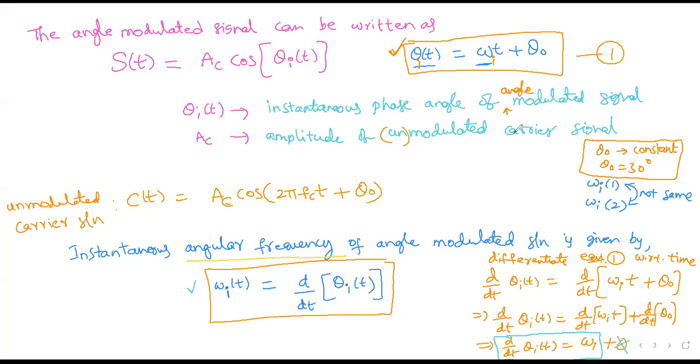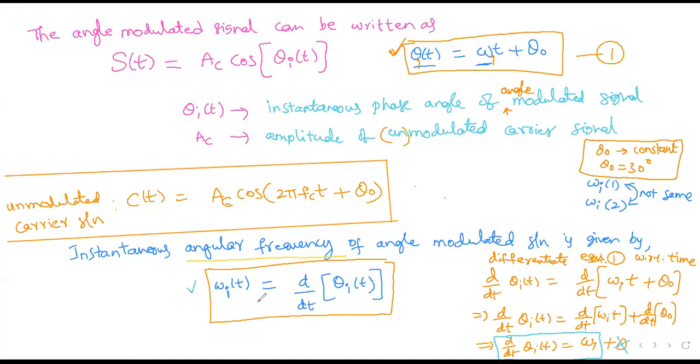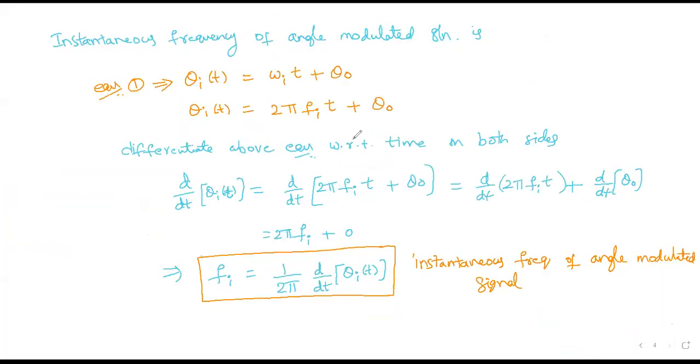So theta I is called the instantaneous phase angle of the angle modulated signal, omega I is the instantaneous angular frequency, and fi is the instantaneous frequency of the angle modulated signal.